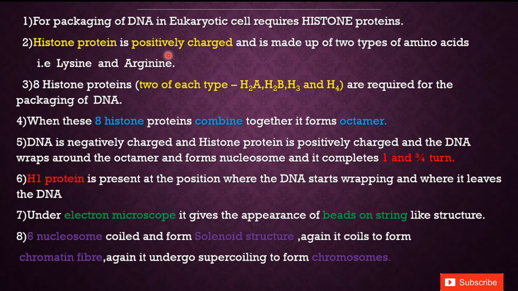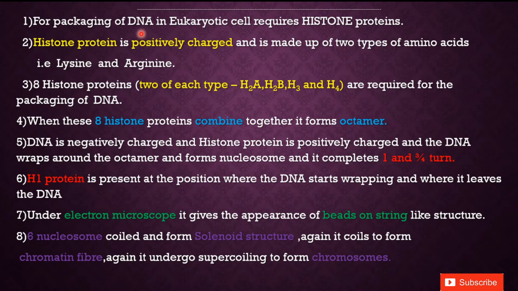Histone protein is positively charged, and it is made up of two types of amino acid. Protein naturally is made up of amino acids. Histone protein is made up of two types of amino acids: lysine and arginine.